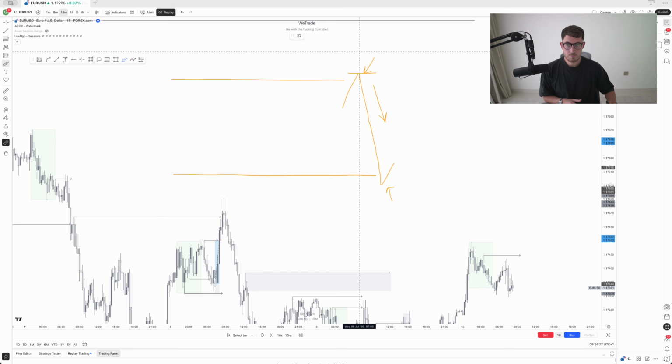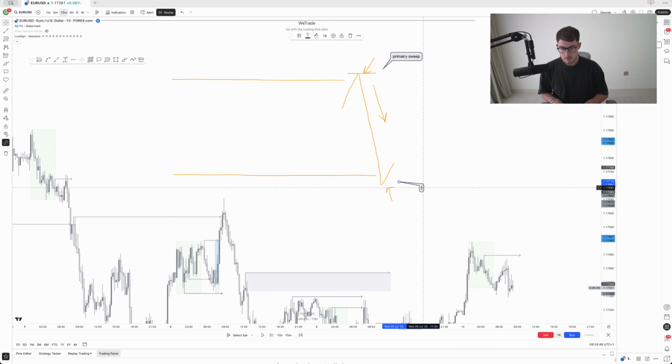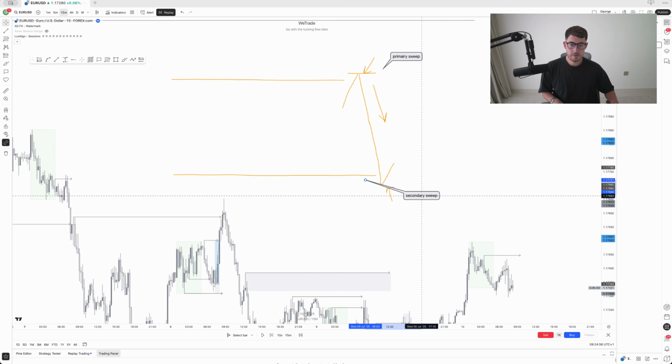We're then going to have this, which is what I'm going to mark out as our primary move. Okay, primary sweep, should we say. I've not spelled that right, but I can't be bothered to change that. So we have our primary move, we have our secondary sweep, and then what are our expectations around this? In fact, let me move this over here.